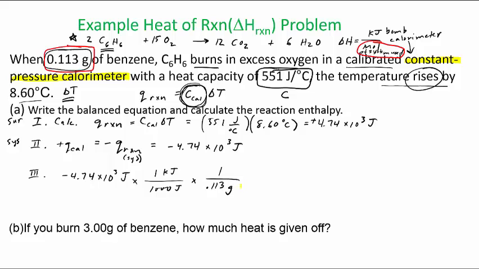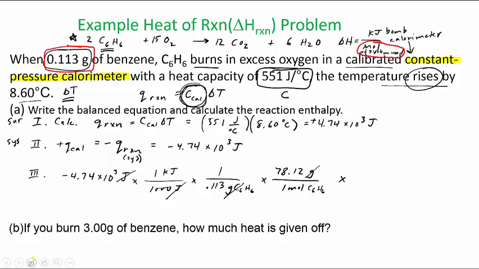0.113 grams of benzene. Okay, and there are 78.12 grams per mole of benzene. Okay, so my joules cancel, okay, and then my grams of benzene cancel here.